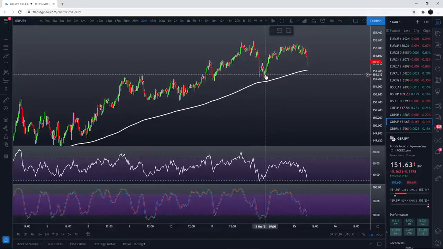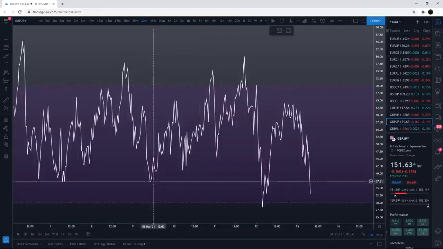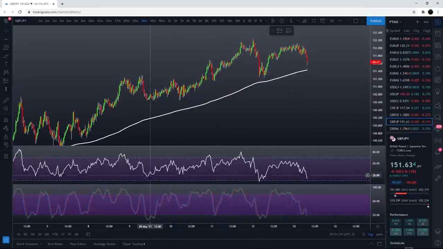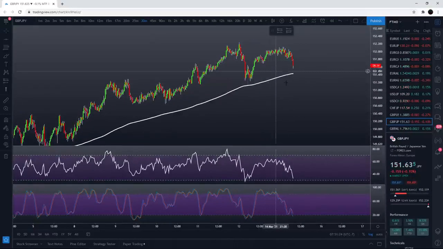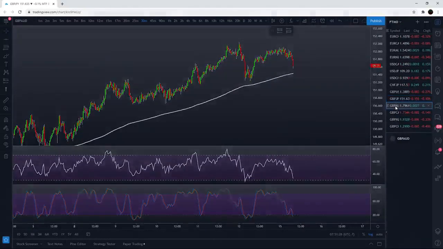This was our pullback in the trend. For comparing it to this pullback over here, this would be our RSI low. So we did get hidden divergence compared to this RSI low. Yeah, so this one missed the entry, and I guess we'll just need to wait for a setup.